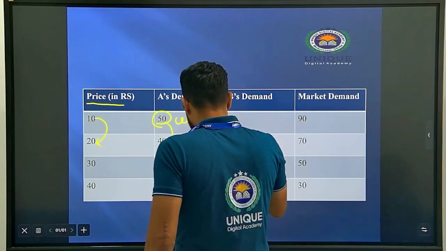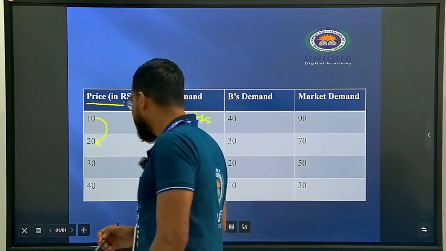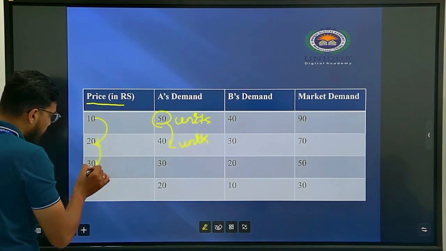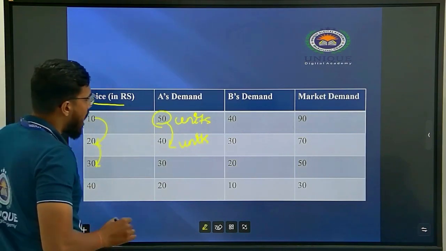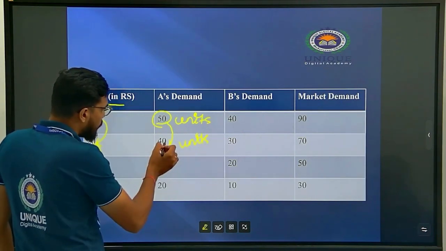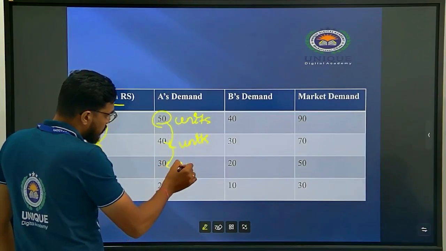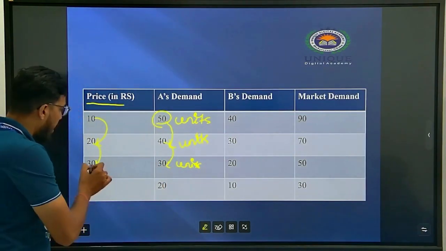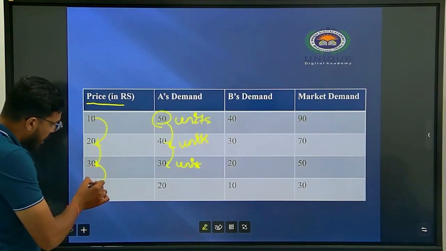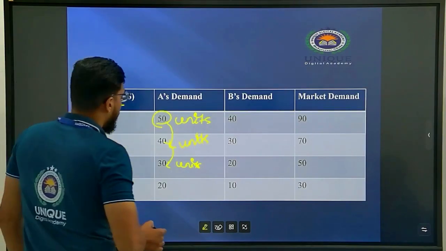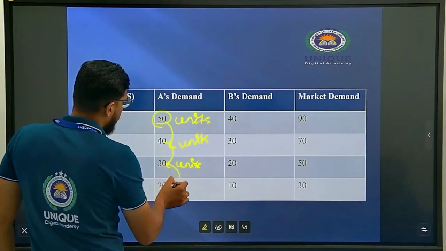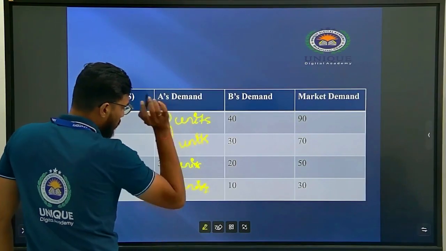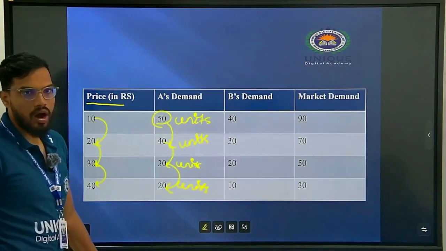Again, price increases from 20 to 30 and the demand declines from 40 to 30 units. Again the price increases from 30 to 40 and the demand declines from 30 to 20 units, according to the law of demand.